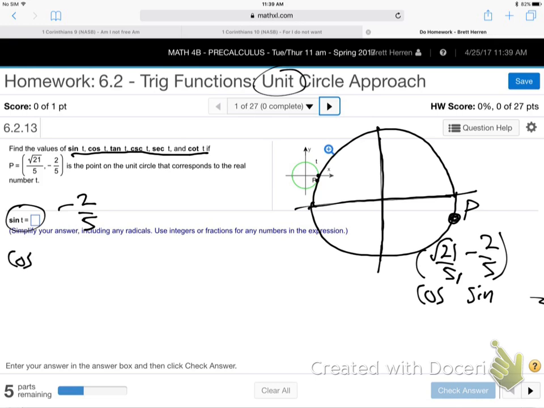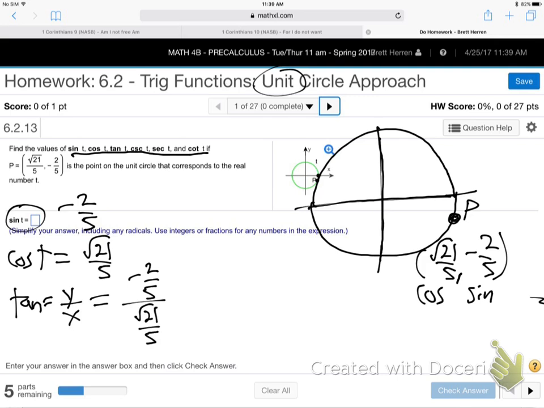And cosine's the x, so that'd be root 21 over 5. And then tangent is always the y coordinate over the x coordinate. So you take the y coordinate, minus 2/5, over the x coordinate, root 21 over 5. Remember this kind of stuff? Sine's always the y coordinate, cosine's always the x coordinate.